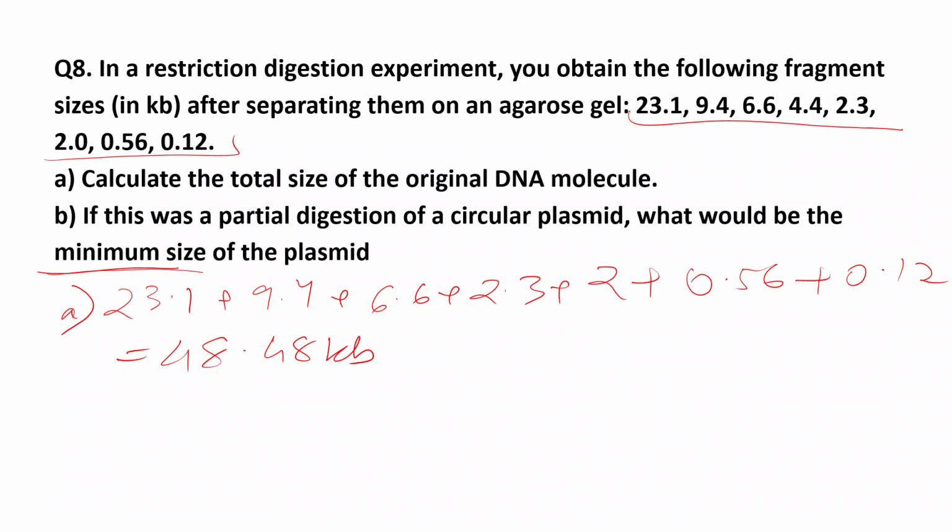The minimum size of the plasmid should be equal to the total size of all fragments. So the minimum size also will be 48.48 kilobases. Note that this is the minimum size. The actual plasmid could be larger.